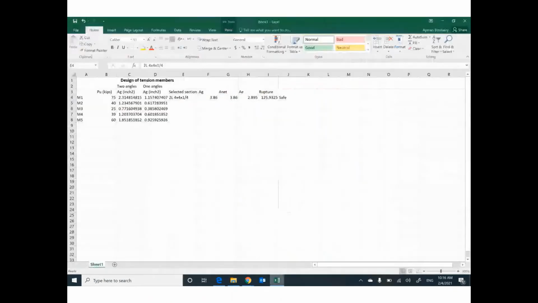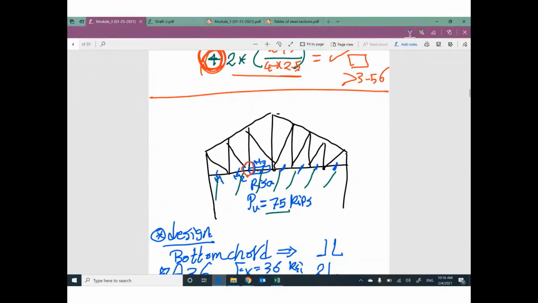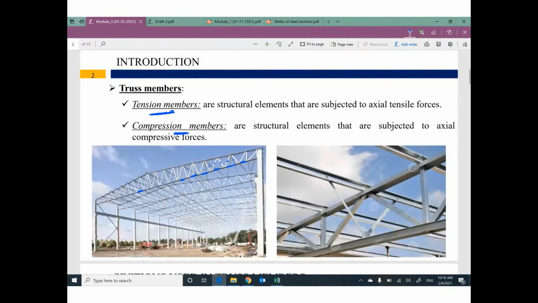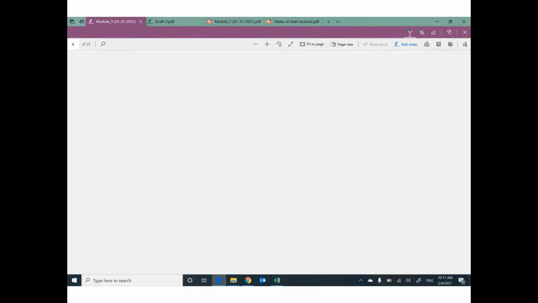From your design, I decided 75 will be satisfied with a double angle 4 by 4 by 1/2. I will use this member for all the members at the bottom chord. For the diagonals, I will figure out which tension member has the maximum value, design it, and use this design for the remaining members.